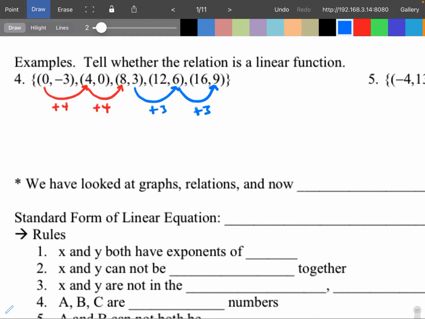What about the y values? Is there a constant change in the y values? Yeah, going up by 3. Good. These are going up by 3 each time, right? So then you have both. You have a constant change in the x values and a constant change in the y values. So yes, it's a linear function.